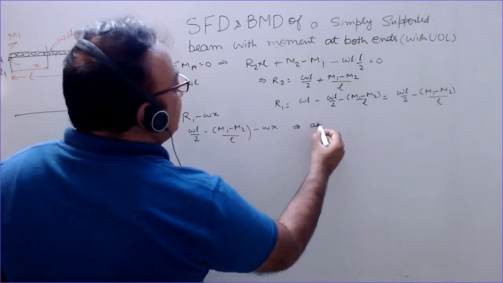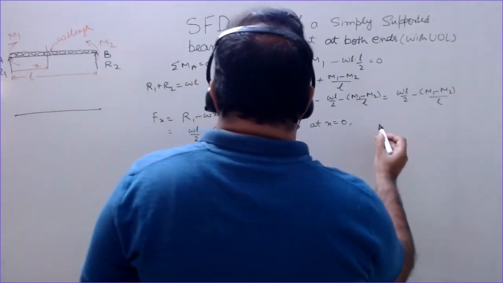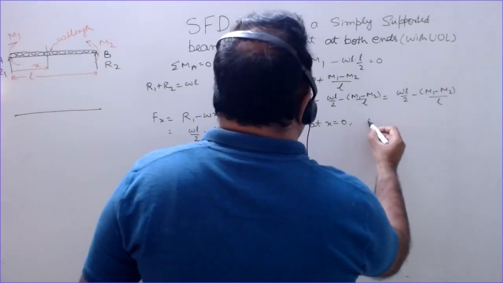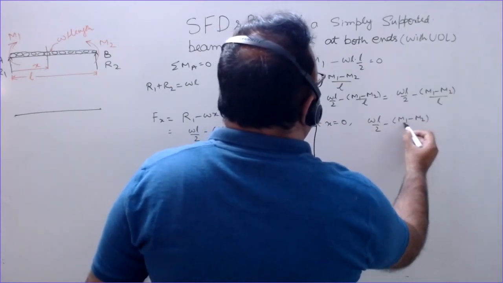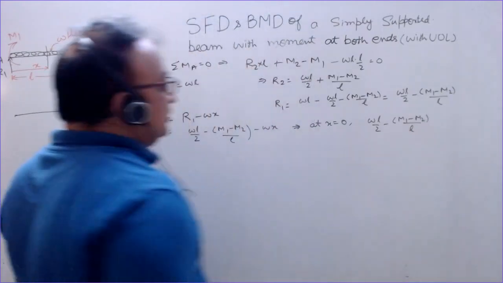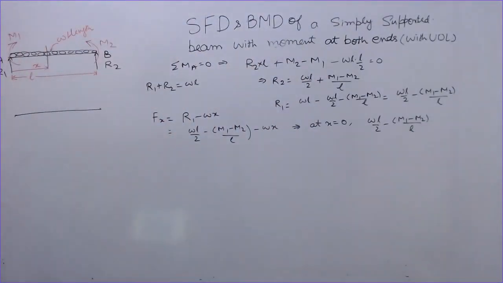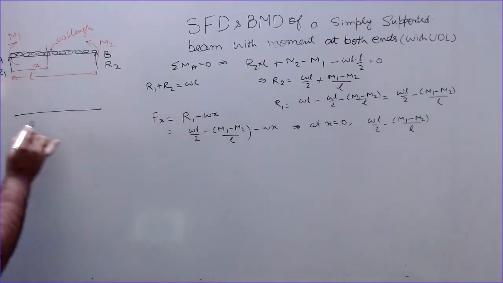So this gives, at x equal to 0, the shear force is WL by 2 minus (M1 minus M2) by L, which is equal to the reaction R1. This is the equation of a straight line, y equal to mx plus c.